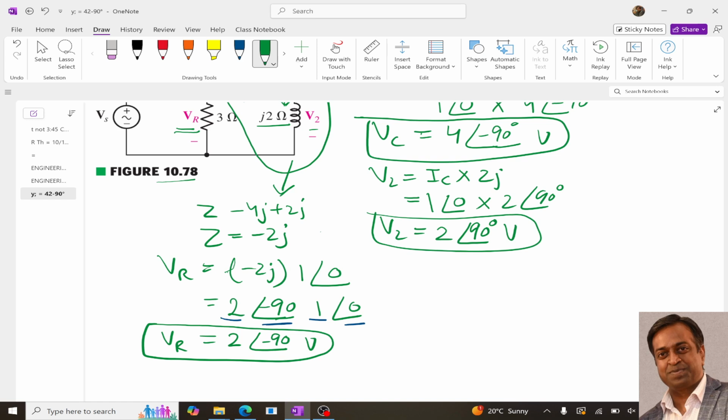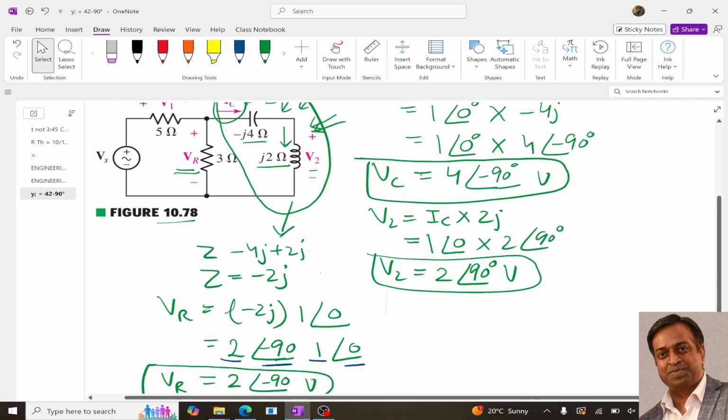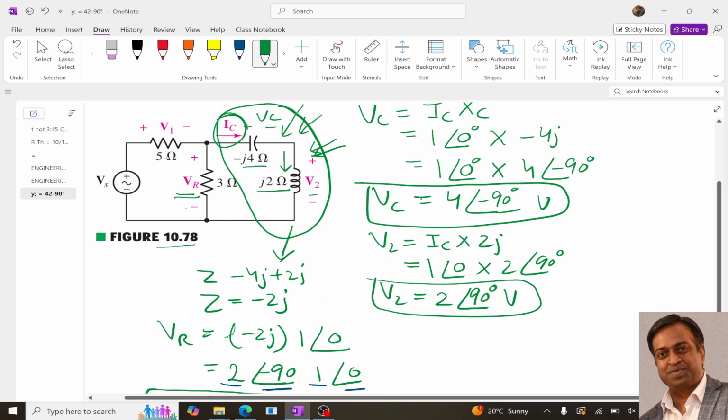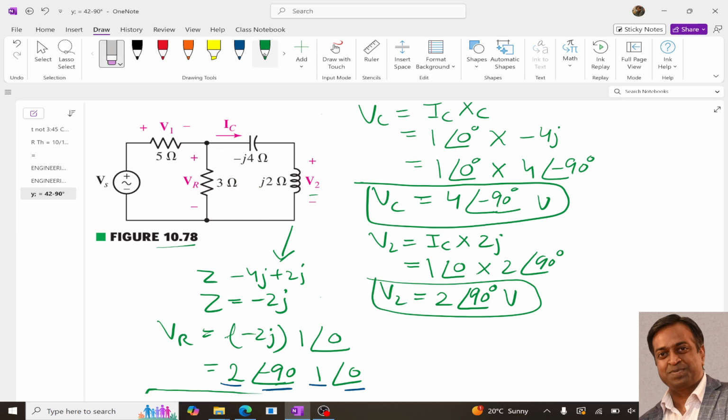After VR, I need to determine the current IR.